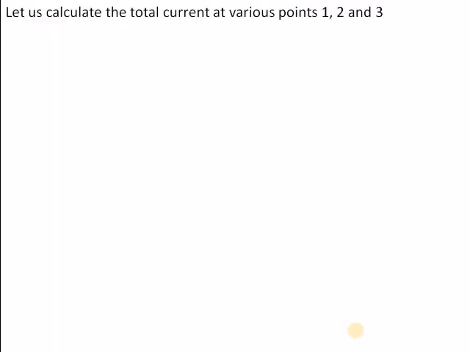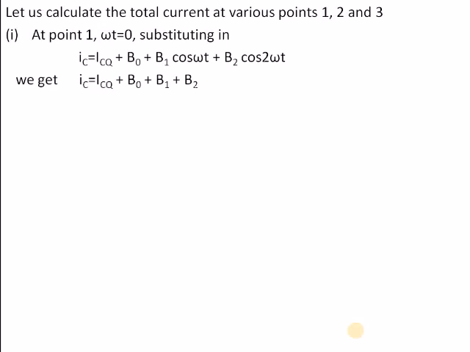So let us calculate the total current at the various points 1, 2, 3 as we already assumed. At point 1, assuming omega t is equal to 0 and substituting in the IC equation, IC is equal to ICQ plus B0, which are DC components, plus B1 cos omega t, the fundamental frequency, plus B2 cos 2 omega t, the second harmonic component.